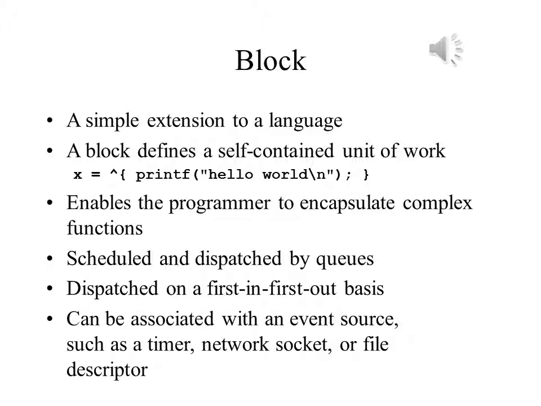If this is a concurrent queue, then the dispatcher assigns F to a thread as soon as one is available, then G, then H. If this is a serial queue, the dispatcher assigns F to a thread and then only assigns G to a thread after F has completed.